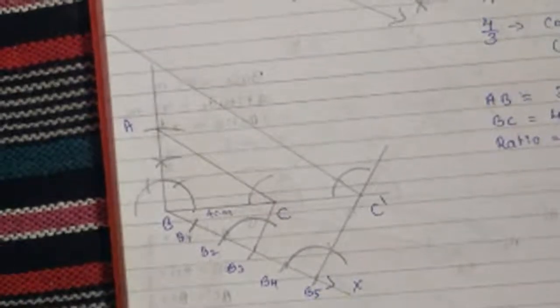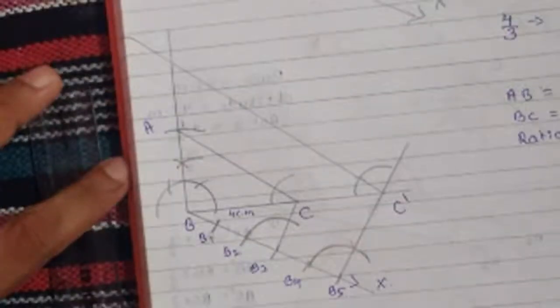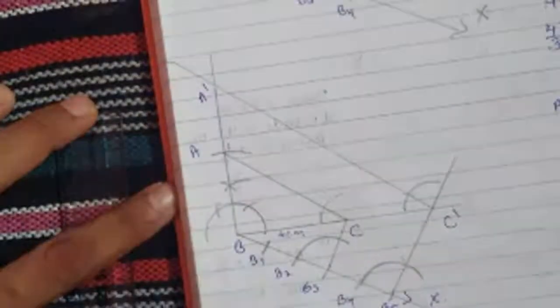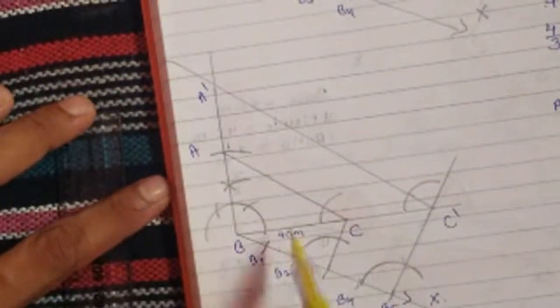Also we extend line AB. This point we call A dash. So this is A dash, this is C dash, and these are ABC.